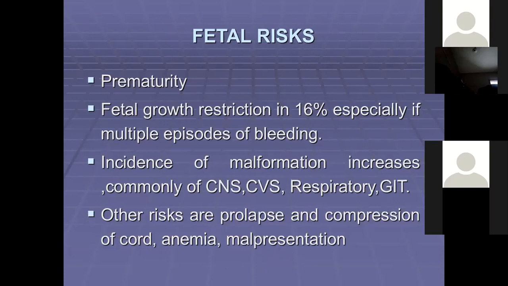Fetal growth restriction occurs in 16%, especially if there are multiple episodes of bleeding. Incidence of malformation increases, commonly of the CNS, CVS, respiratory system, as well as GIT. Other risks are prolapse and compression of the cord, anemia, and malpresentation. So these are all the risks in the fetus.